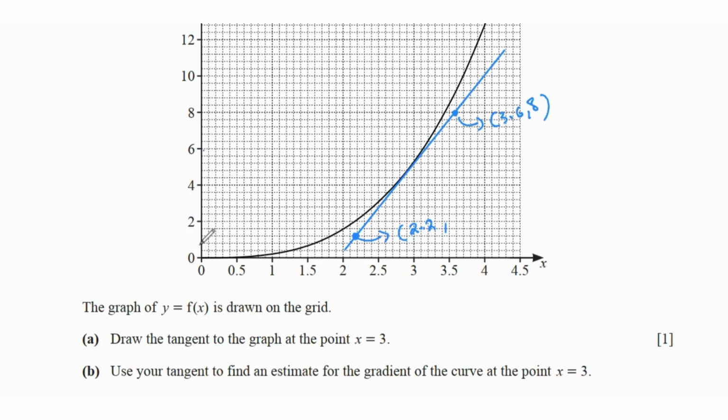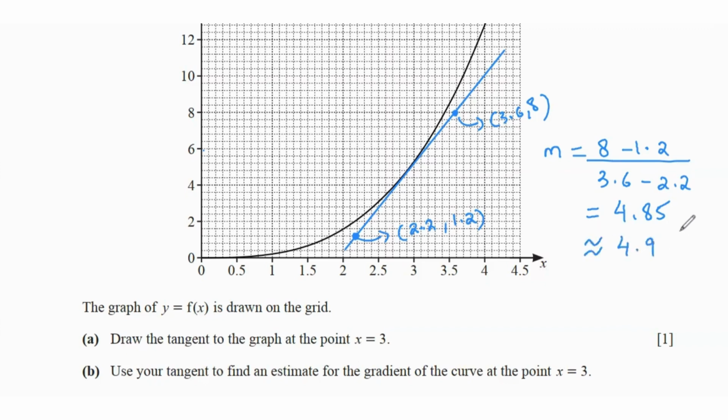So it's 0.4, 0.8, 1.2. This is 1.2. So gradient is going to be 8 minus 1.2 divided by 3.6 minus 2.2, which is 4.85, which can be rounded to 4.9 as well. So the estimate for the gradient of the curve at the point x equals 3 is 4.9.